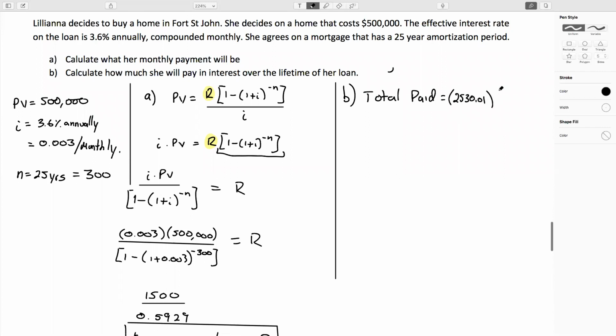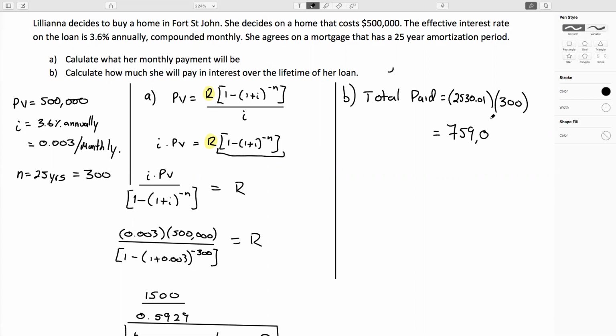And we're going to multiply that by the number of payments, which is 300. And her measly 3.6% interest is going to cost her tons of money because she's paid the equivalent of $759,000.